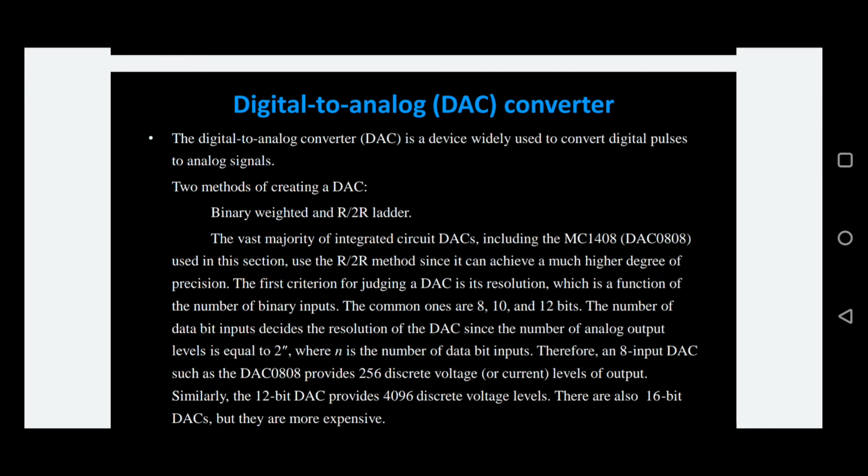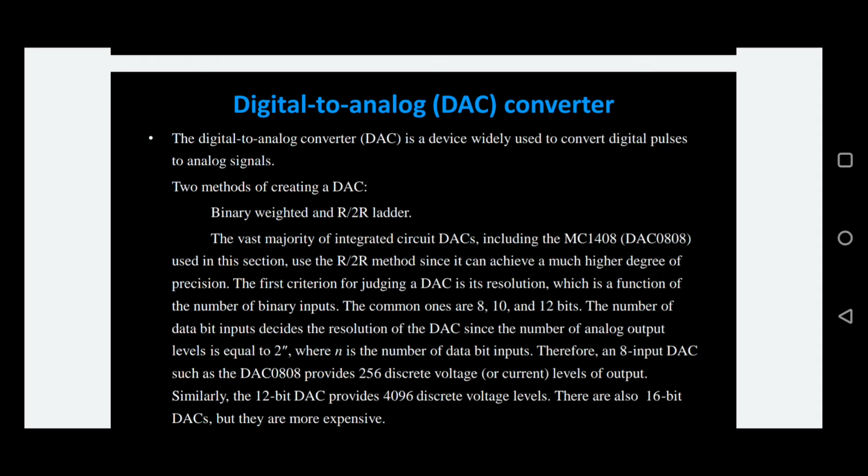The vast majority of IC DACs, including the DAC 0808, can be used in this section. So in this DAC interfacing we are going to use the IC. The IC name is what? DAC 0808. Now we will discuss the basic features of the IC DAC 0808.